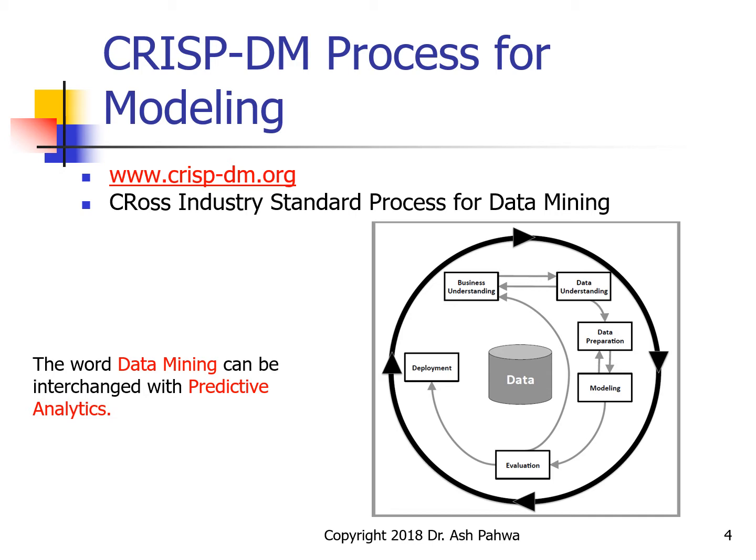Now, this name was given in early 90s. So at that time, it was called data mining. But you can replace the word data mining, or the last two letters of CRISP-DM, by machine learning or predictive analytics. It is the same thing.